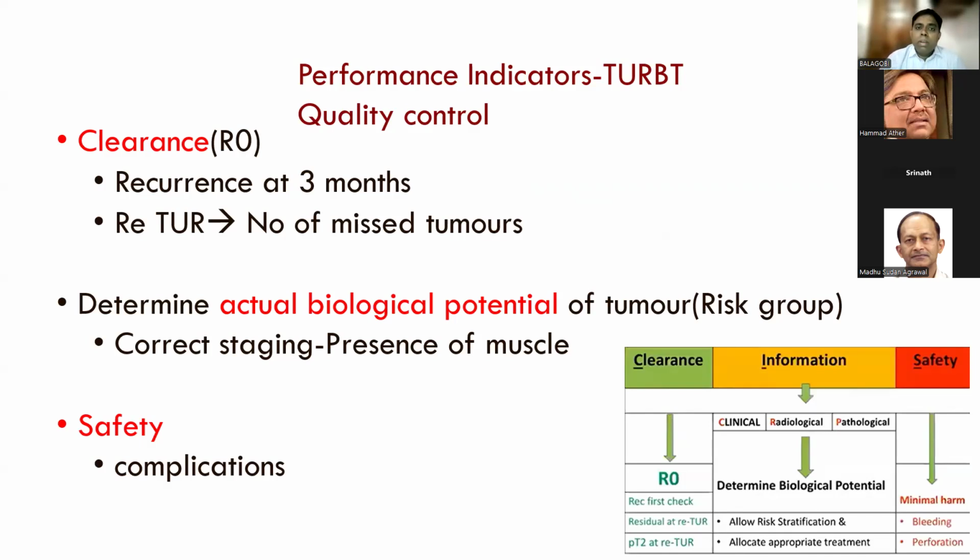The second indicator is how correctly you have identified the biological potential of the tumor, the correct staging of the tumor, and the presence of the detrusor muscle; only then can you label the risk group appropriately. The third thing is safety, avoiding complications. Two common complications are perforation and bleeding.